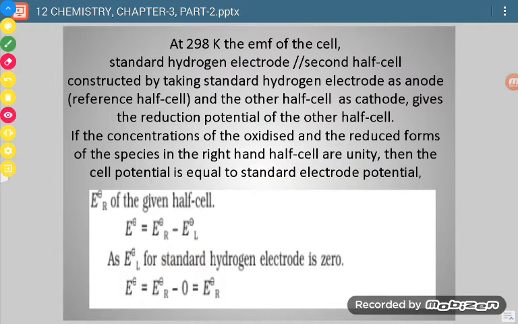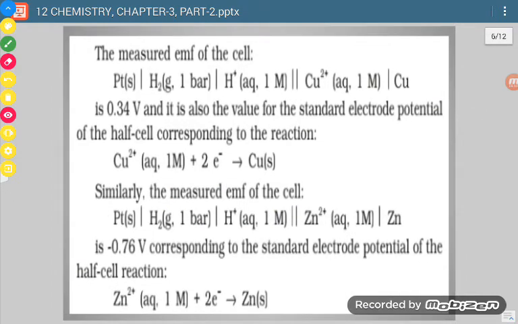Now let us take these two examples. First of all, we took the copper half cell, and we connected it with SHE. Now see SHE, how we have written? Hydrogen is a gas which is being entered from the top inlet.